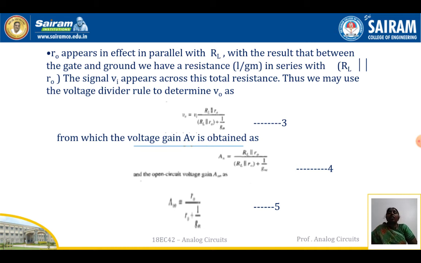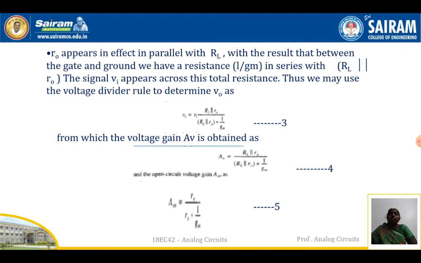Here R0, the output resistance, is in effect in parallel with your load resistance. Between the gate and the ground terminal, we have a resistance 1 by Gm, which is in series with RL parallel R0. So the signal Vi appears across this total resistance.